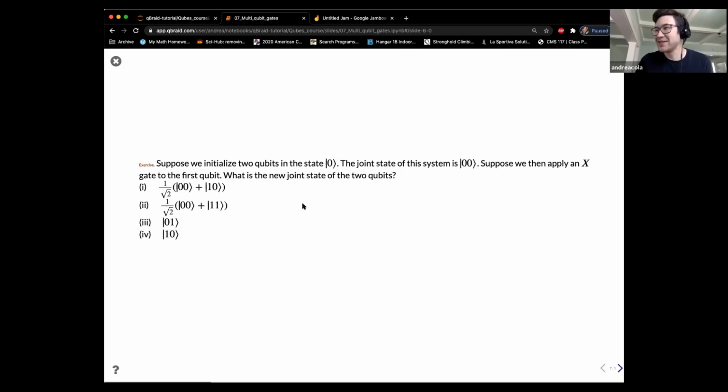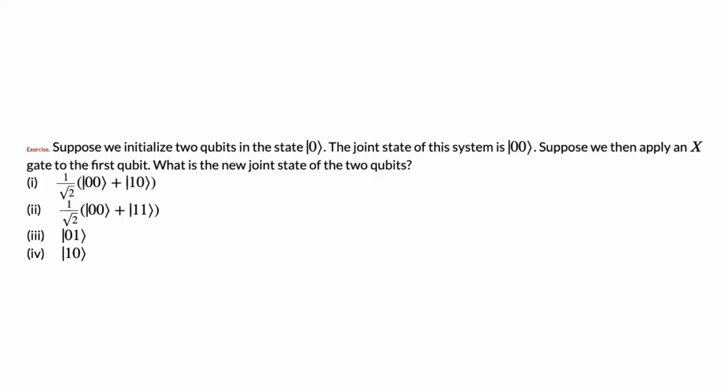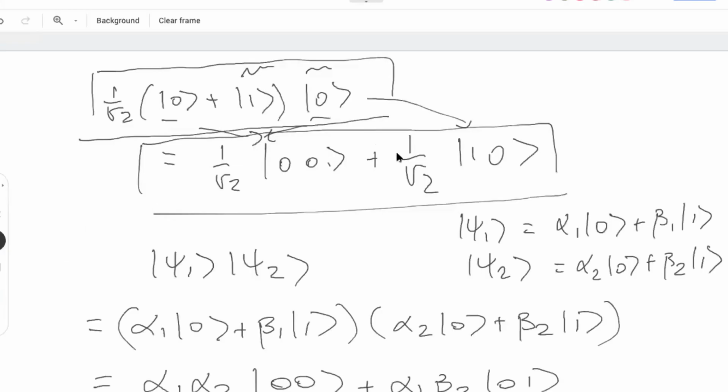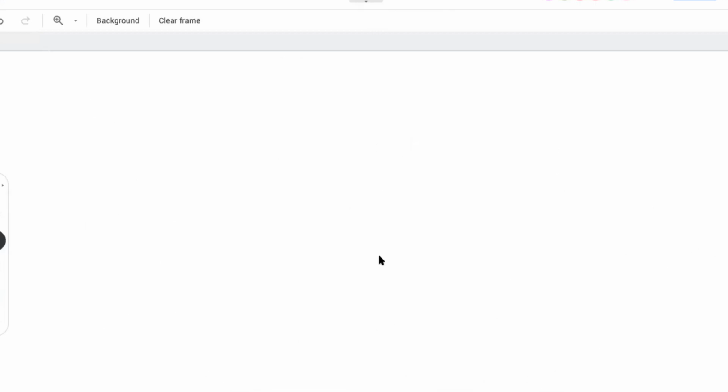So suppose now we initialize two qubits in the state 0. So the joint state of the system would be 0, 0. And by the way, just recalling the notational rule that I said just now, if I write 0, 0, what this means is 0, 0.